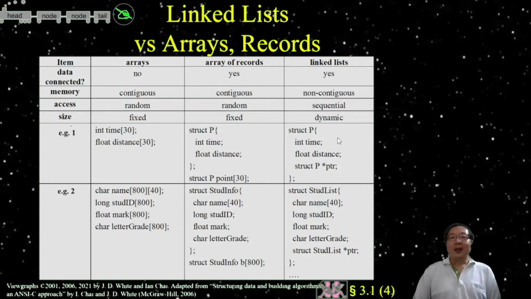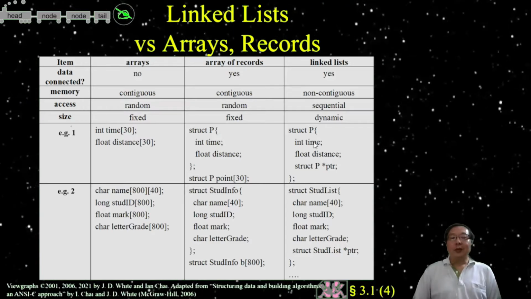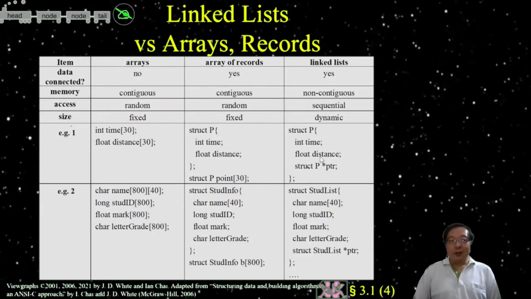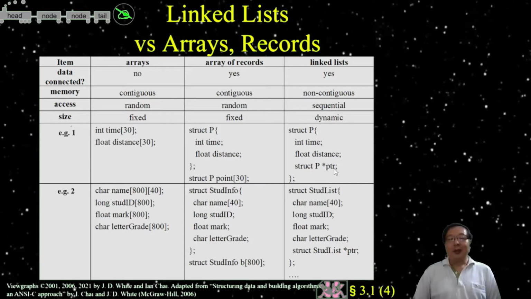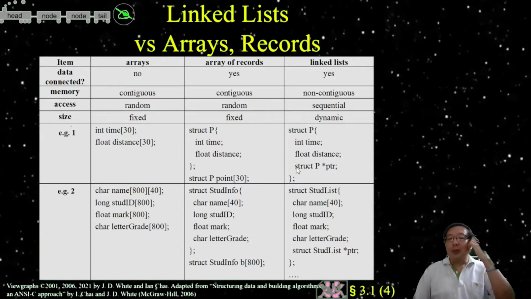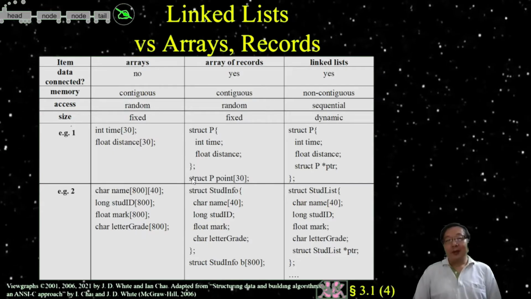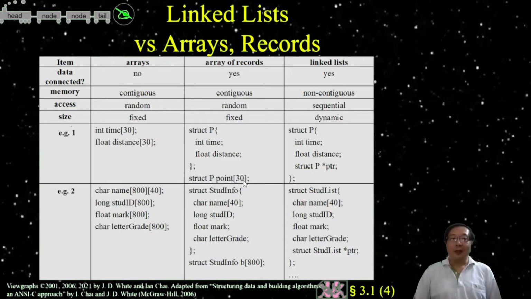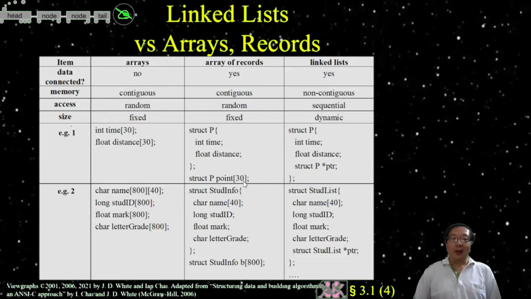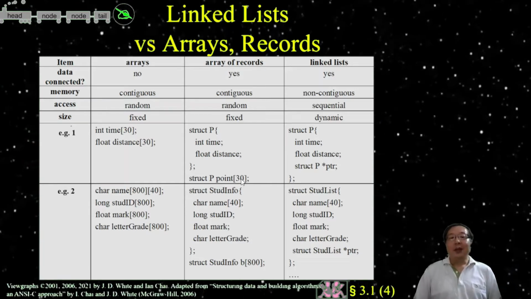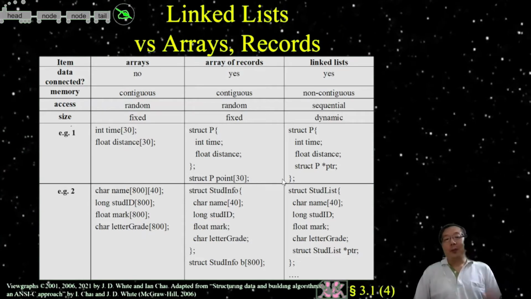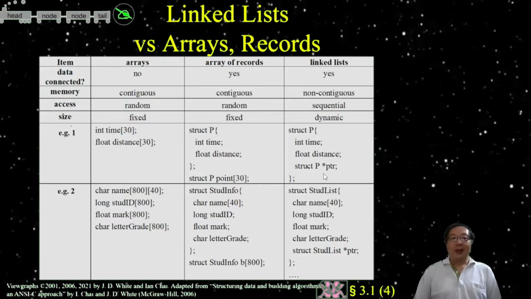With linked lists, however, you put into the record this special pointer, okay? And then you don't have to make all the records at the same time. In an array of records, you say, I got 30, then you make 30. And after you run out of 30, you cannot add more. If you make a dynamic array, then you allocate more, you have to copy everything. Linked list is not like that.